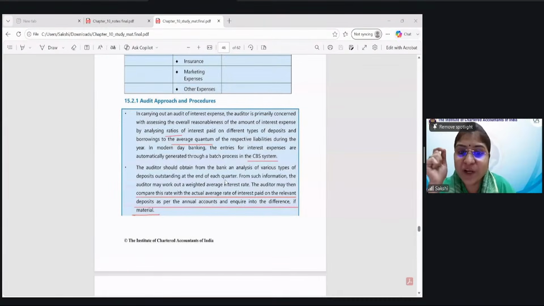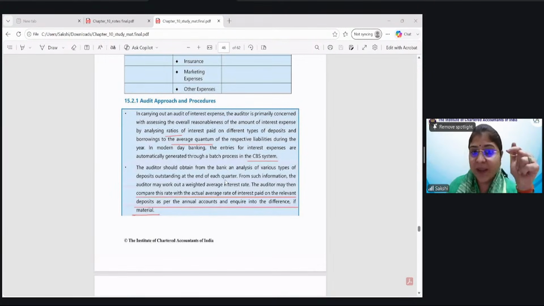In carrying out an audit of interest expense, the auditor is primarily concerned with assessing the overall reasonableness of the amount of interest expense by analyzing the ratio of interest paid on different types of deposits and borrowings to the average quantum of the respective liabilities during the year. That is the first one we did. However, in modern banking, the entries are dealt with by the CBS system.